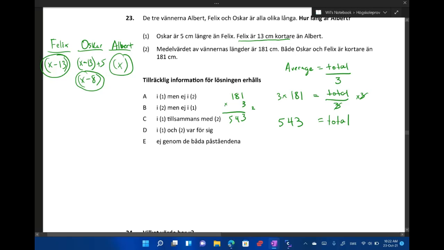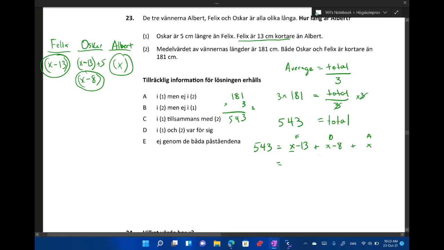Their total can be added up if we do 543 equals Felix's height. That's Felix. Plus Oscar's height. Oscar. Plus Albert's height. Right? Now let's simplify the right side of this equation.